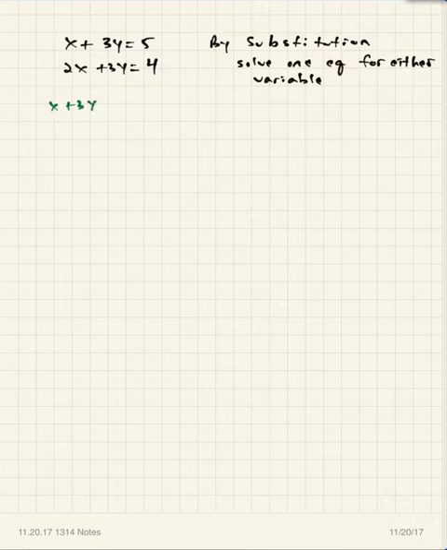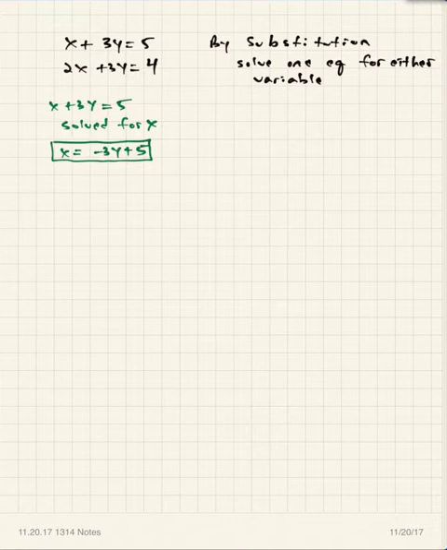If I took my first equation, x plus 3y equals 5, and I solved this equation for x, which would be easy enough to do, all I have to do is subtract 3y from both sides, and boom, I've got this equation solved for x, right? It's x equals negative 3y plus 5. So there's my first step. I solved it for x.